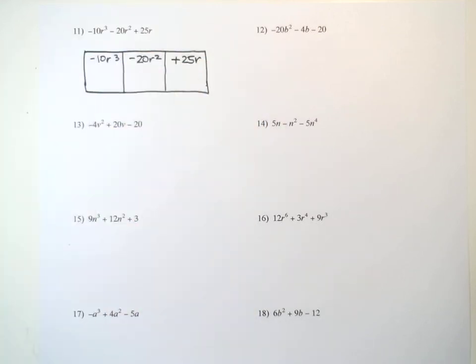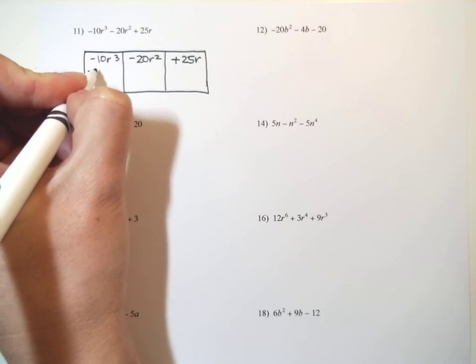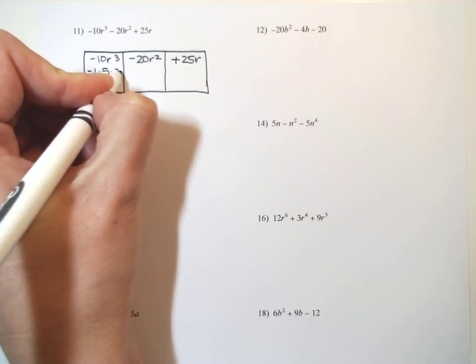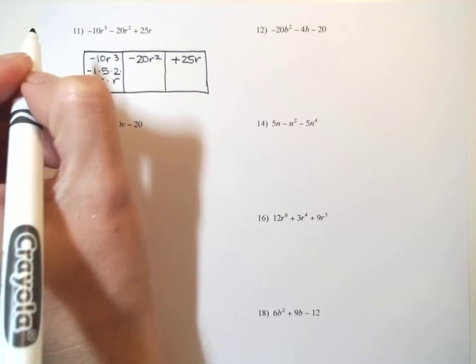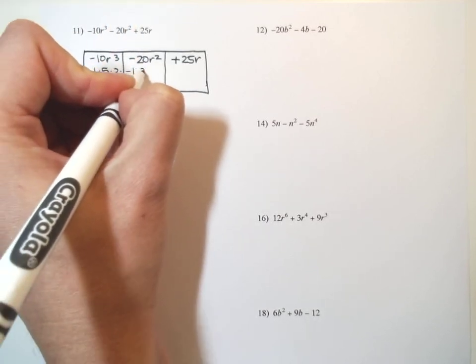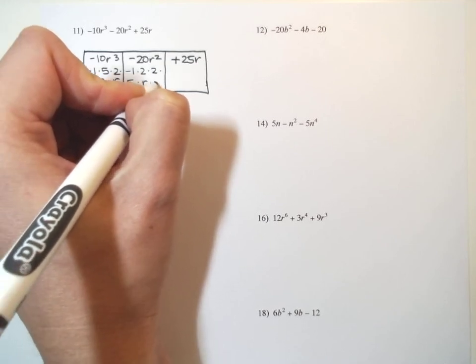And so then we need to expand. Negative 10 expands to negative 1 times 5 times 2 times r times r times r. Negative 20, negative 1 times 2 times 2 times 5 times r times r.